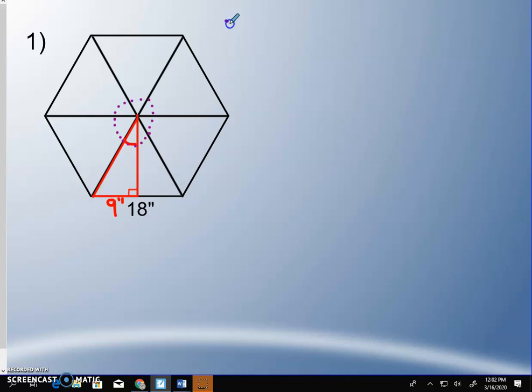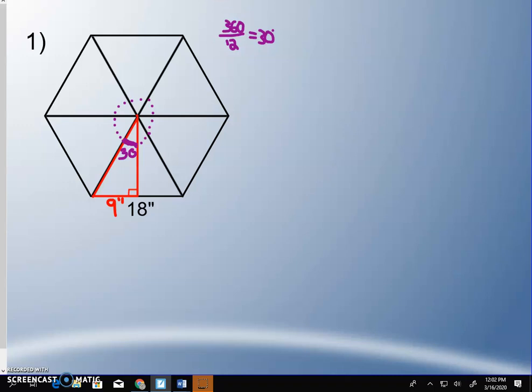So if I take that 360 degrees and divide it by 12, because there are 12 of these angles that wrap around the center, that tells me that each one of those angles would be 30 degrees. So in this particular instance, we know that this is a 30, 60, 90 fundamental right triangle.